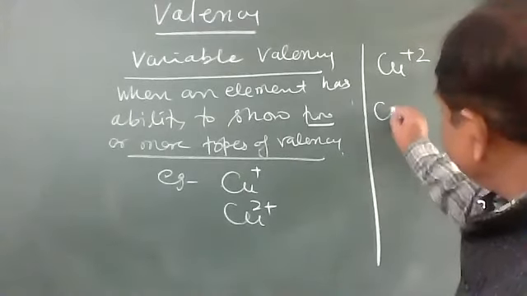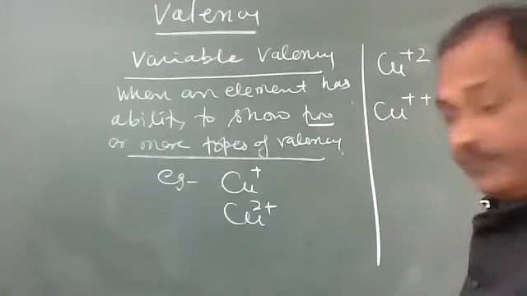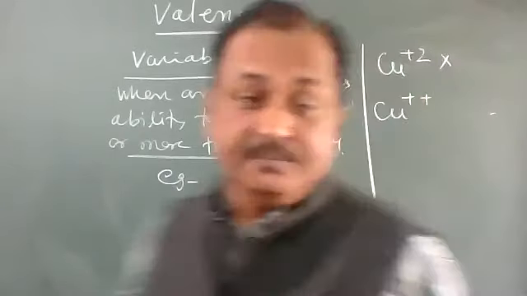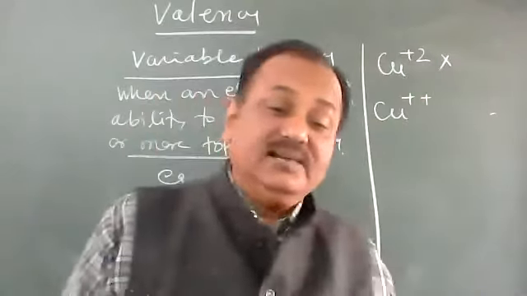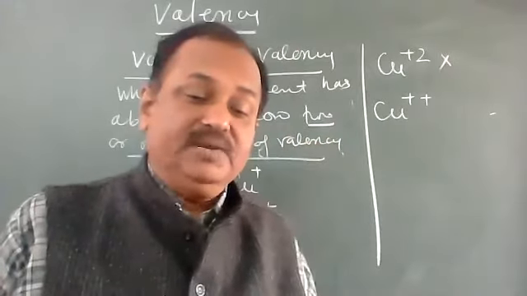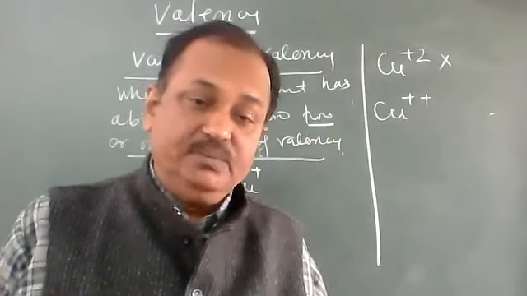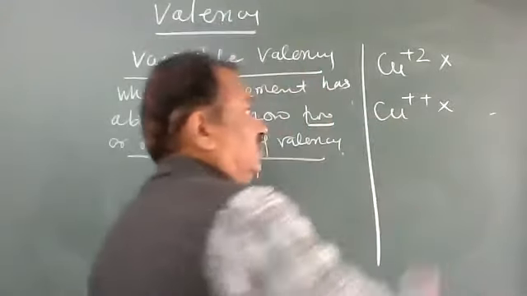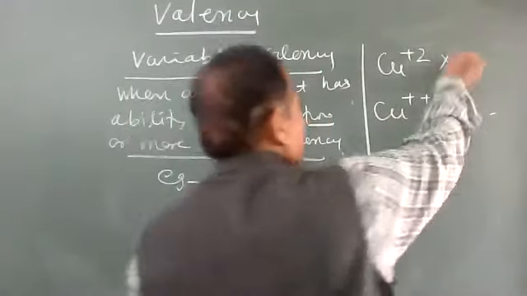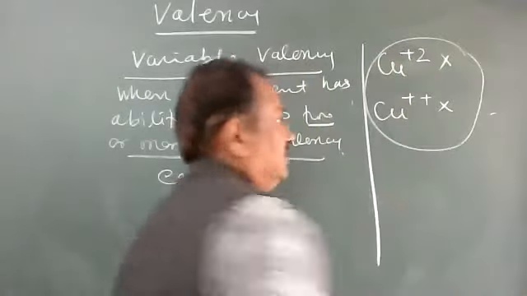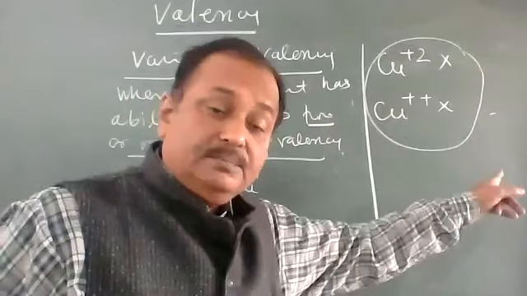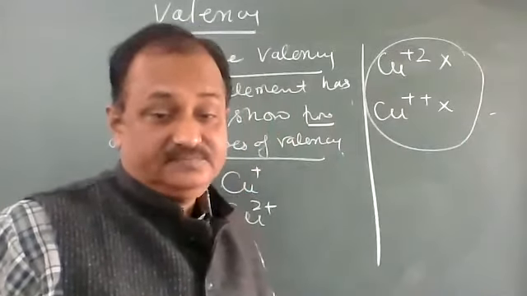Then there was plus plus, 2 plus. The meaning is the same. But throughout the world, some guidelines have to be adopted, and so this is also outdated. So we do not use it nowadays. It is not wrong, but it is technically wrong.